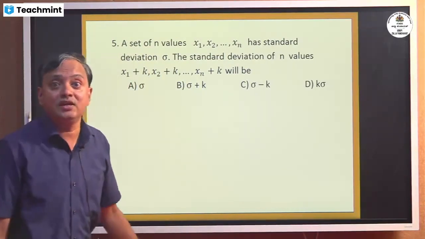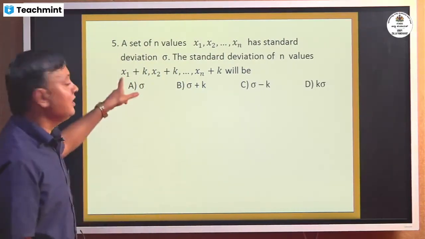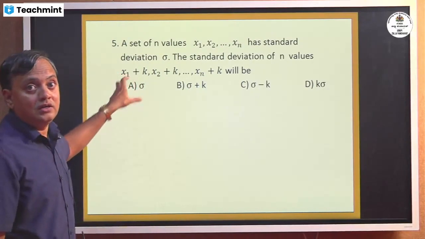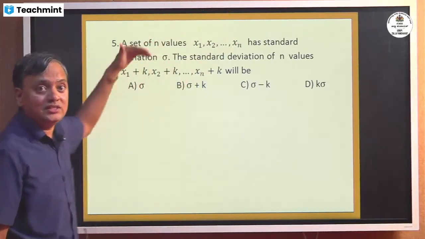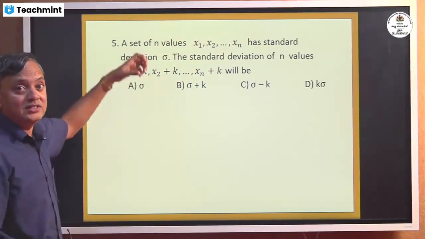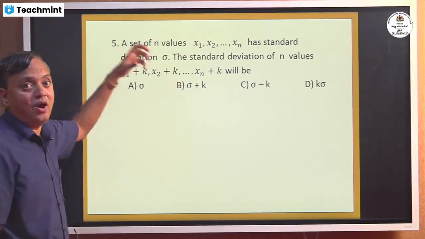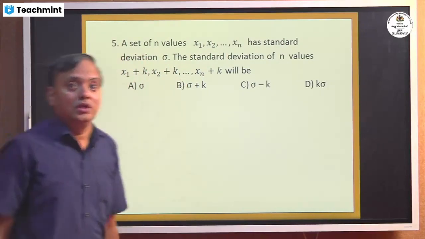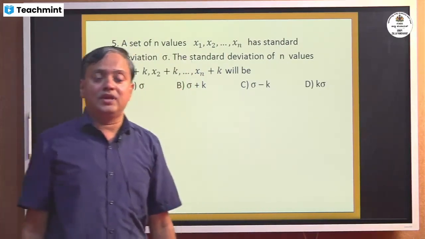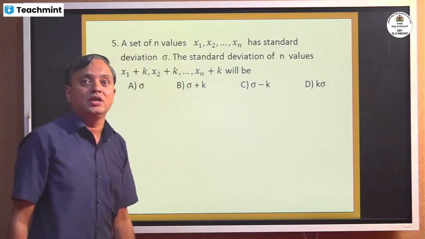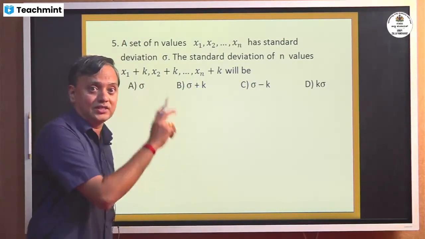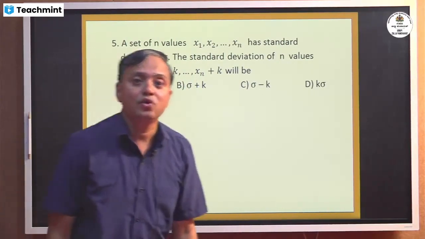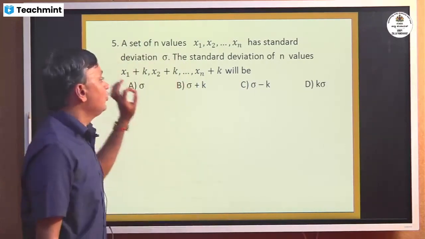Next, a set of n values x1, x2, etc., xn has standard deviation sigma. Then consider the standard deviation of the new n values. See here, this is the original given data x1, x2, etc. The new data is obtained by just increasing by k, or adding k. So remember, in any data, on adding or subtracting a constant, the variance will remain the same.